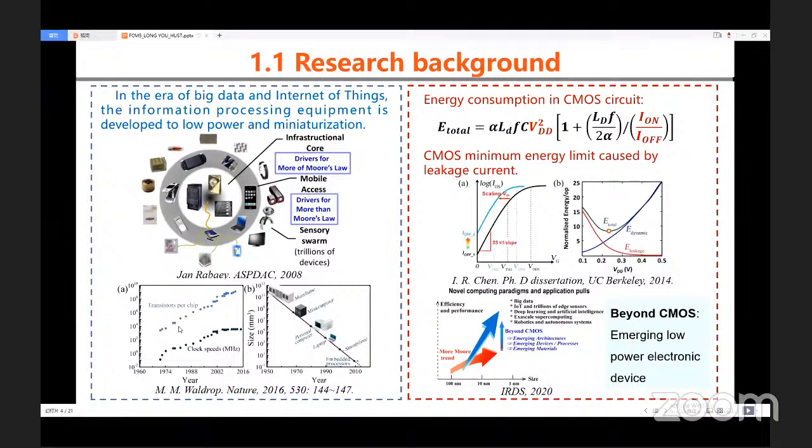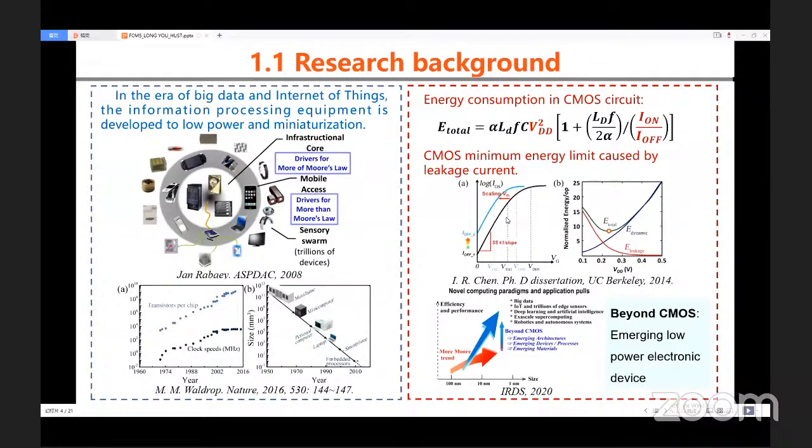In the past few decades, device feature size has been continuously reduced under the guidance of Moore's law. However, as the size is reduced to a few nanometers, leakage current becomes a big problem. Static power consumption cannot be ignored, and CMOS has a minimum operating voltage limit due to Boltzmann limitation.